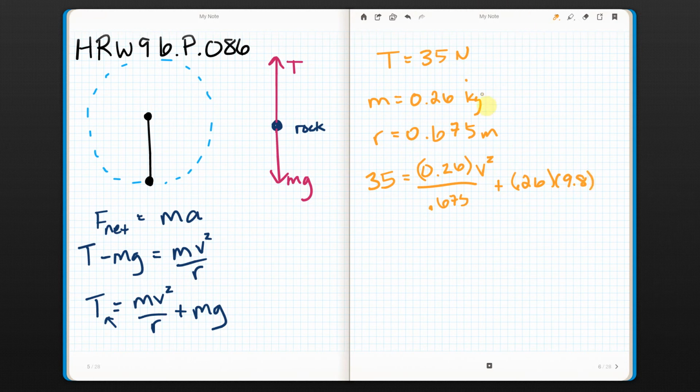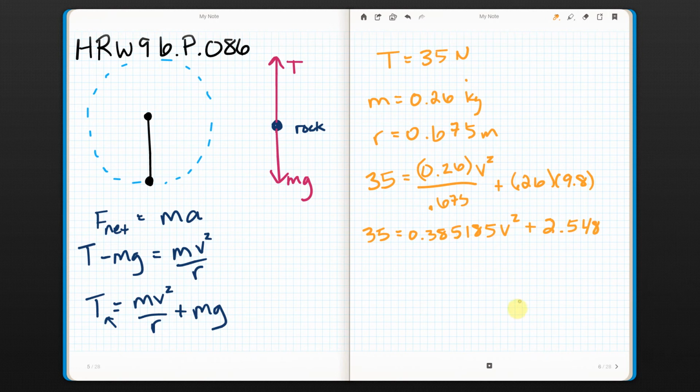Now if I do all the numbers that I can do, I get 35 equals 0.038, lots of stuff, I'm not going to round yet because I'm not at the end of the problem. We don't round until we're at the end. 0.038 v squared plus 2.548, which is as far as it goes, so I don't have to round at all.